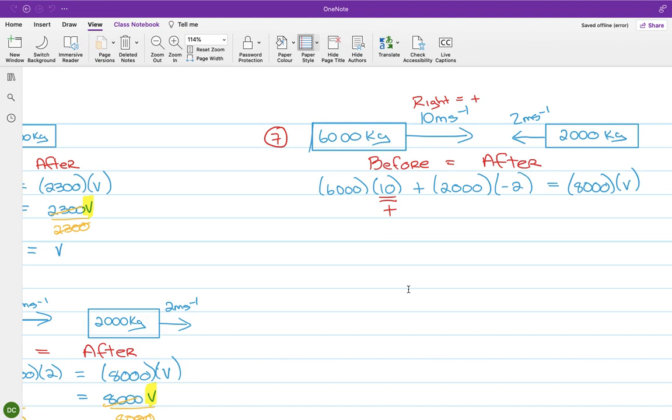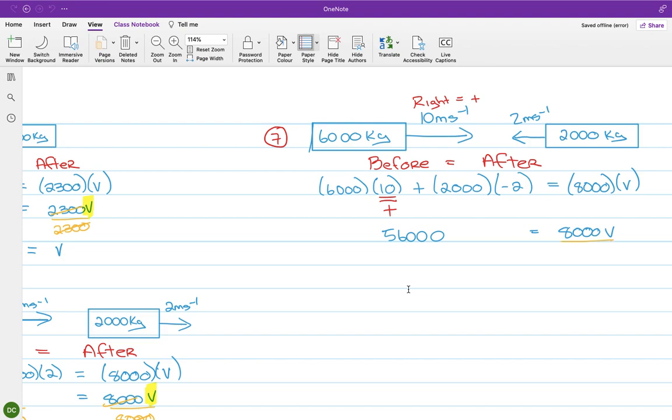So 6,000 by 10 is 60,000, and then 2,000 multiplied by -2 is -4,000, so that gives me 56,000. And the other side is 8,000V.